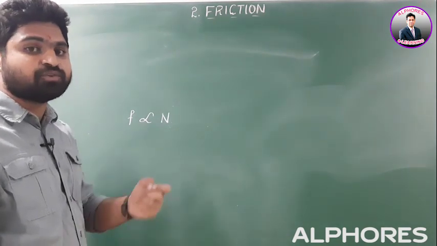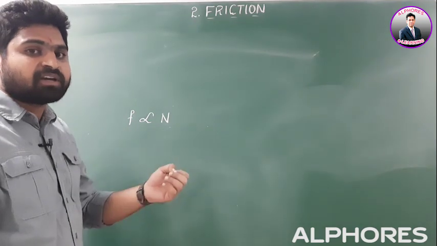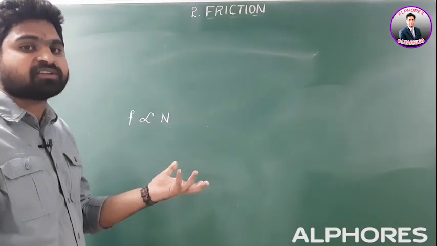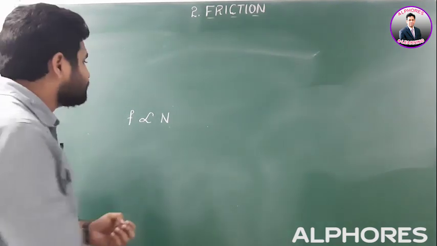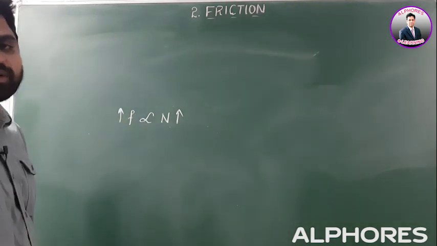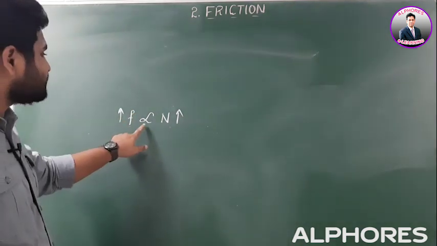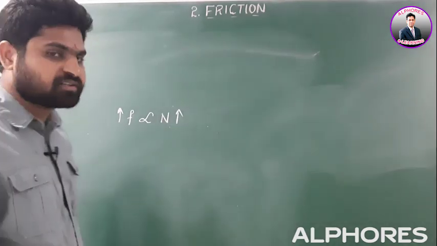When I took two bricks, the frictional force increased. It is just because the weight of the bricks increases. If weight of the bricks increases, normal reaction increases. So as normal reaction increases, the frictional force also increases. So frictional force is directly proportional to the normal reaction. I hope you understand this concept.